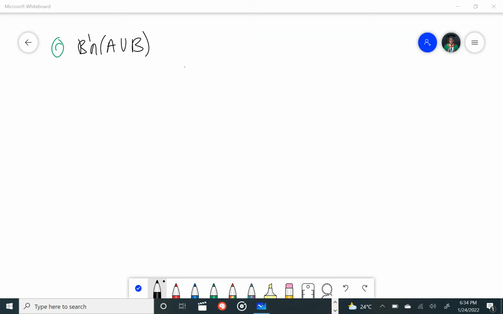So here we write using distributive law. Using distributive law, we're going to distribute that.